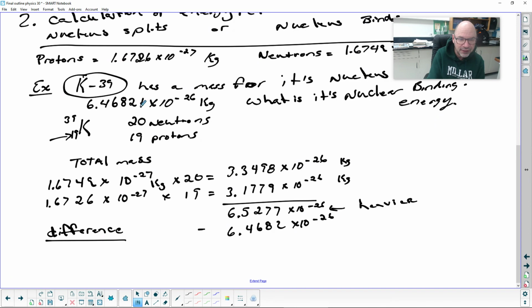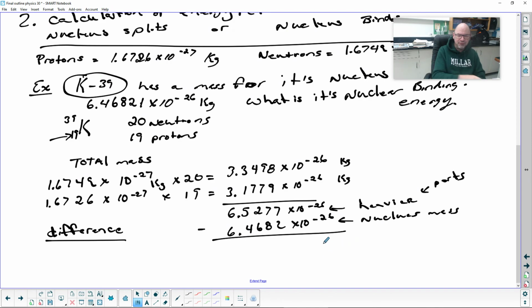I'm not going to use the extra digit there, just 5 significant figures. And this is the nucleus, the heavier parts.